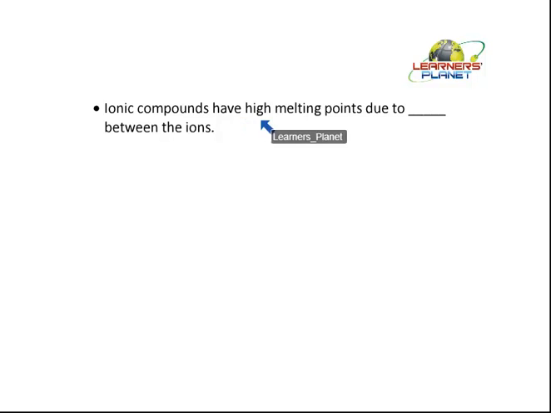Ionic compounds have high melting points due to dash between the ions. Now let's take up the example of any ionic compound, let's say copper chloride or sodium chloride or potassium chloride or sodium oxide. Now what are these? These are all ionic compounds and they have got a very high melting point. Why?